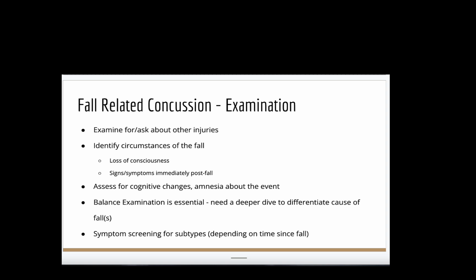But most commonly, from someone that's had a concussion due to a fall, most of the time you're going to be seeing them 2, 3, 4 weeks down the line. So if they have persistent concussion symptoms, then stay tuned in part 2 for a little bit about how we start working towards subtype classifications.